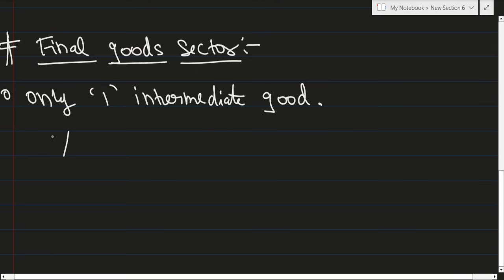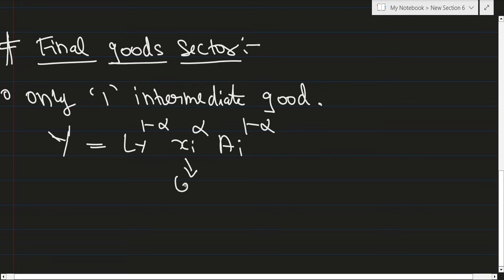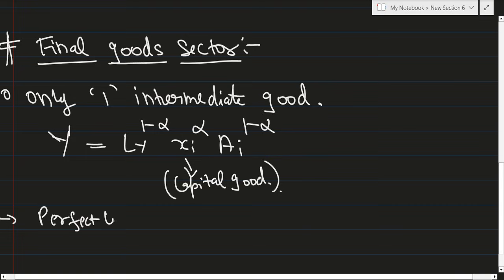Now the final good sector has the production function Y equals Ly to the power 1 minus alpha, xi to the power alpha, ai to the power 1 minus alpha, where xi is the capital good we are talking about. This market is characterized by perfect competition, a large number of sellers.